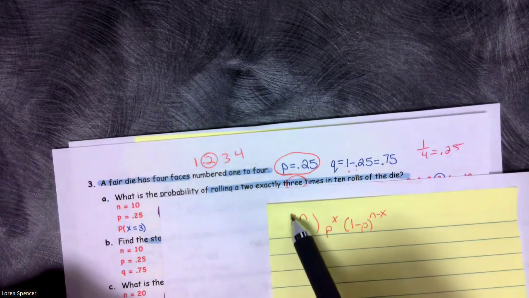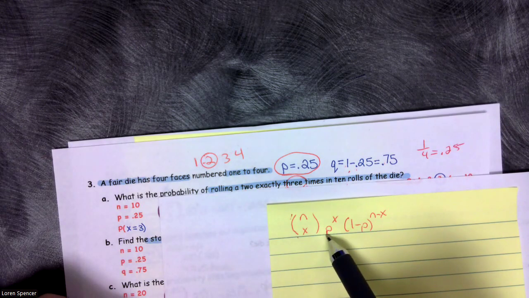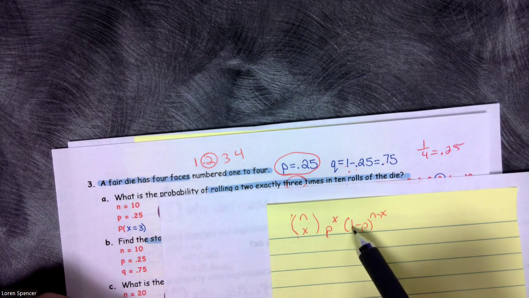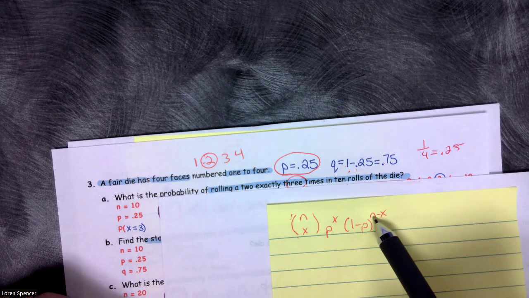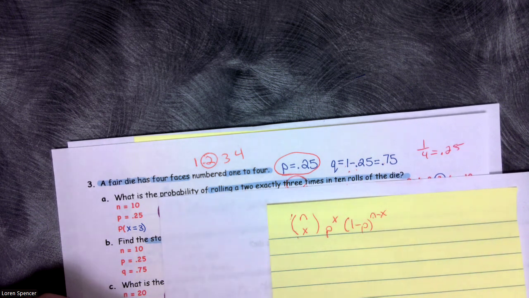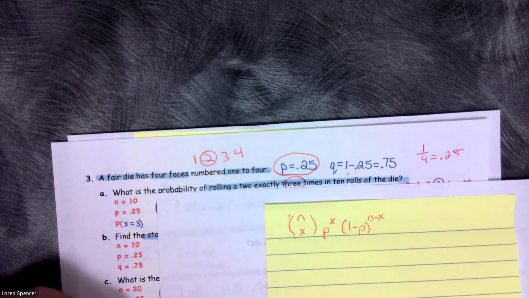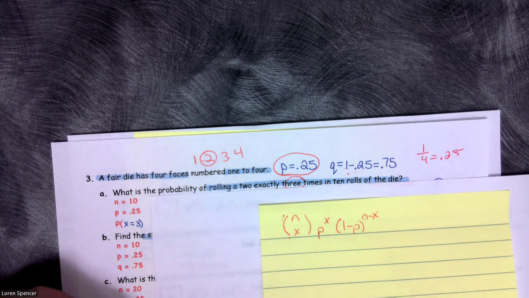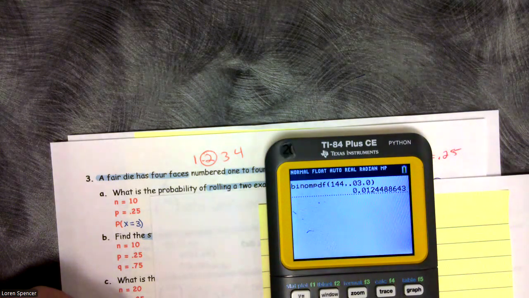So this is going to be 10 choose 3, 0.25 to the third, 1 minus 0.25. Now, please remember, this is going to be 10 minus the 3. So that's what I'm going to show for my work. Let's go ahead and work this out on the calculator, and then we'll fill everything in.